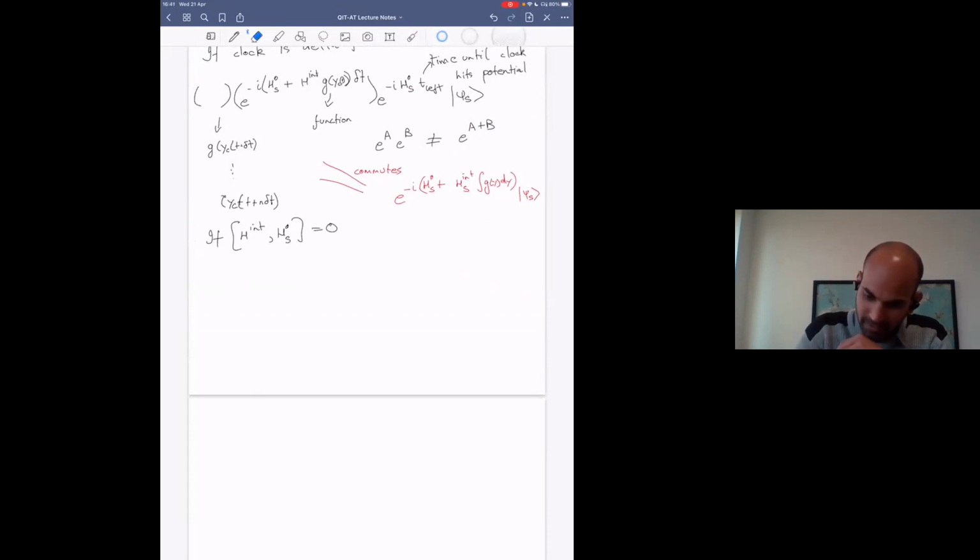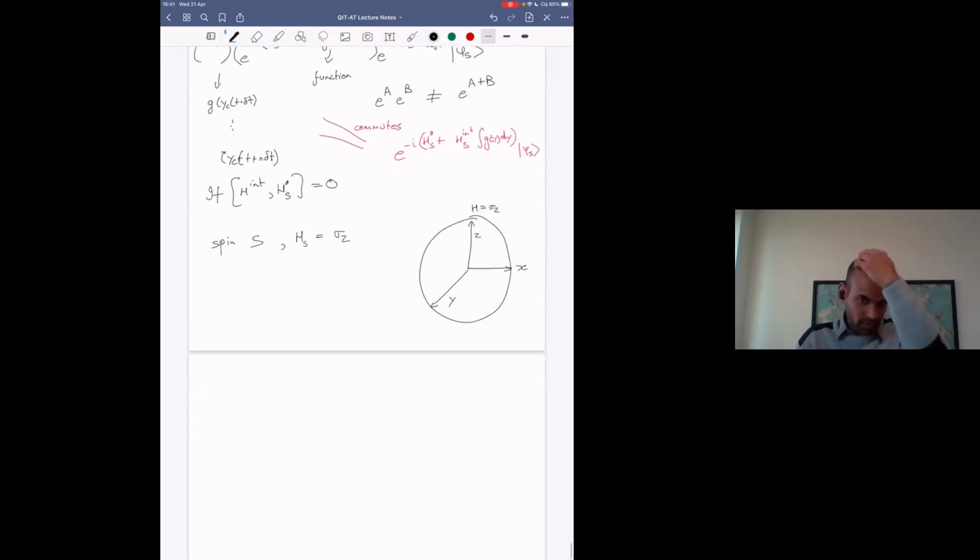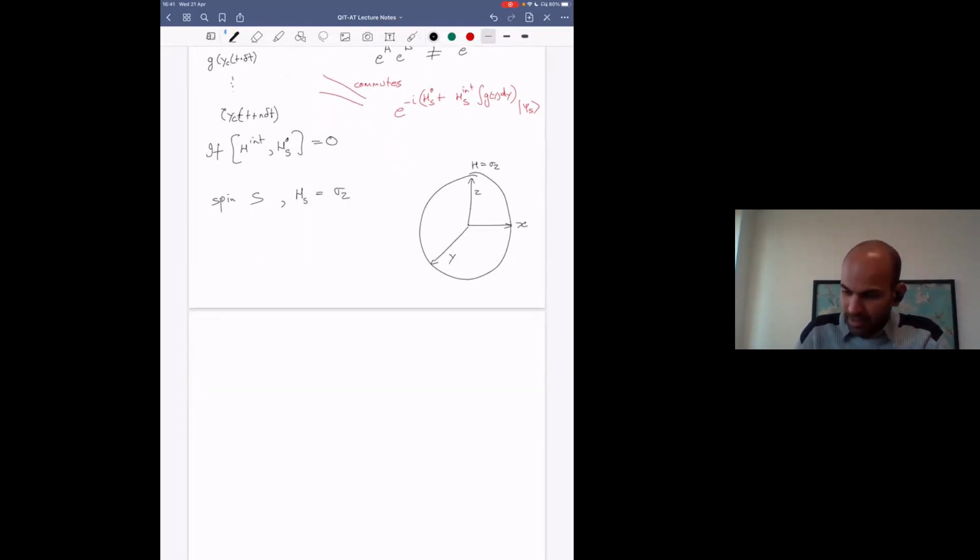Imagine I have an example of when this doesn't work. Imagine I have a single spin which sits in the Bloch sphere, and the Hamiltonian of the spin is equal to, let's say, sigma z. So h is equal to sigma z. That's the z-axis, that's the x-axis, and that's the y-axis.